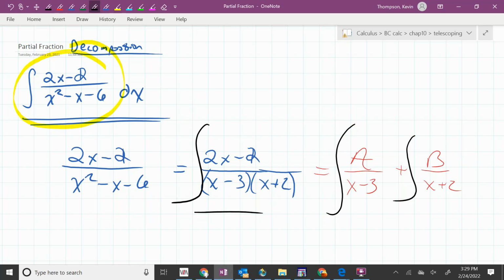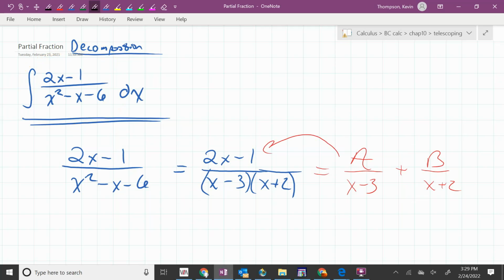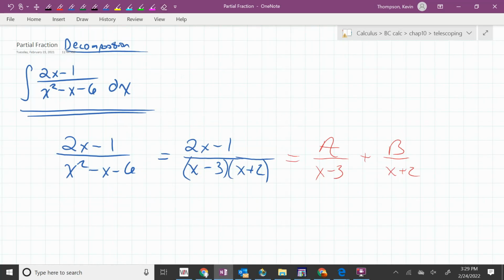And do you notice that these are actually really simple logarithms? If I can get this to be like a number, like 2, or even like with a 2x, I could deal with that. So I can break this apart into things that are easier to find the antiderivative of, and that's our goal. So I'm going to leave it with the 1 for now, so you can compare it to the other method. Okay?